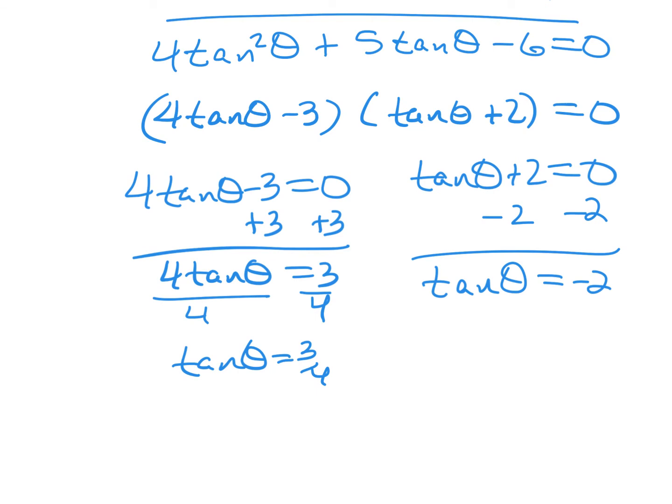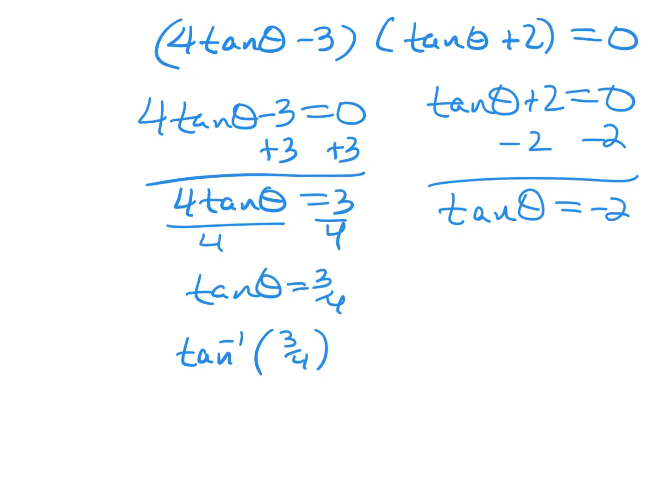So we would do tangent inverse. How do you know when to use calculator? When it doesn't give you something that's on your unit circle. So tangent inverse of 3/4. Once you do this, you get theta is equal to 0.6435.